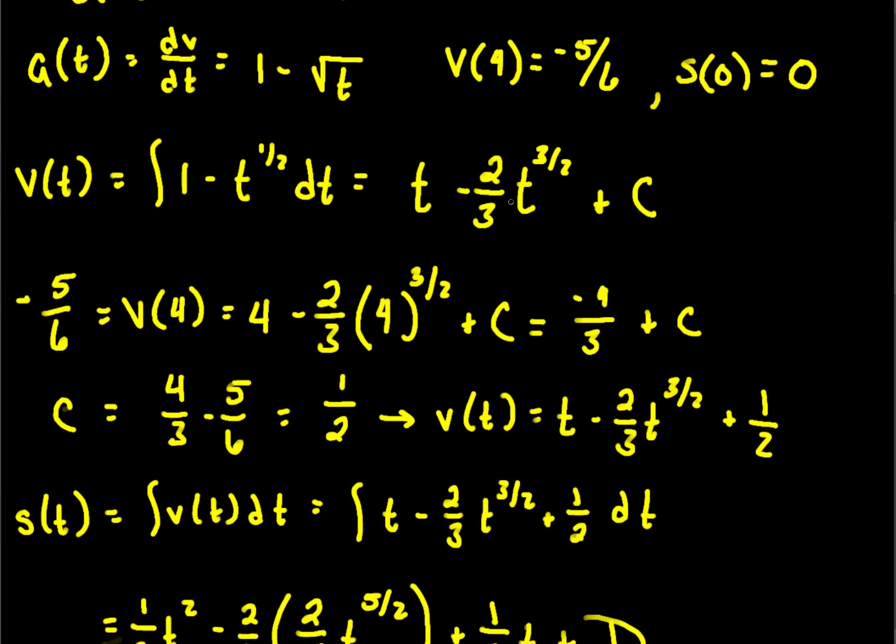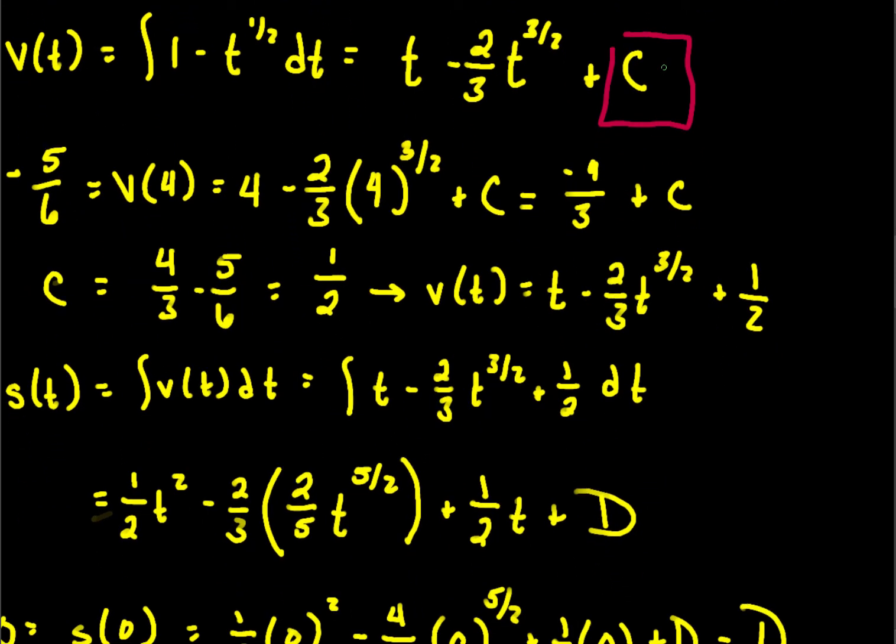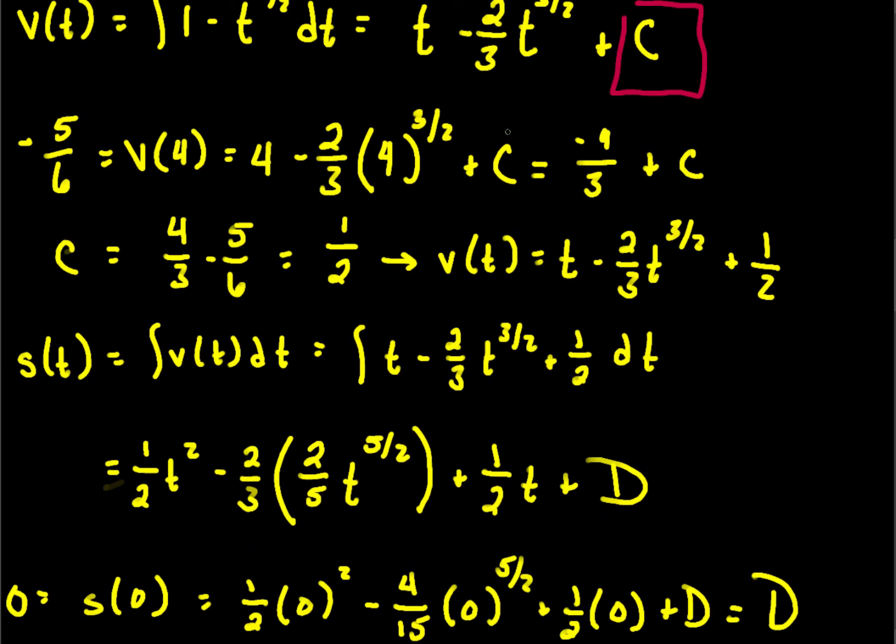Without the constant here, I would not have been able to find a function whose derivative is 1 minus the square root of t and whose velocity when t is 4 is negative 5/6. I had to have that constant to give us our velocity function. Right? I had to be able to add that constant 1/2.